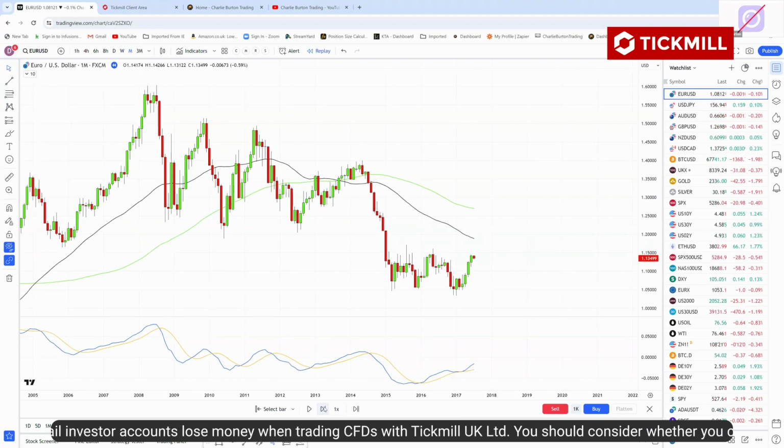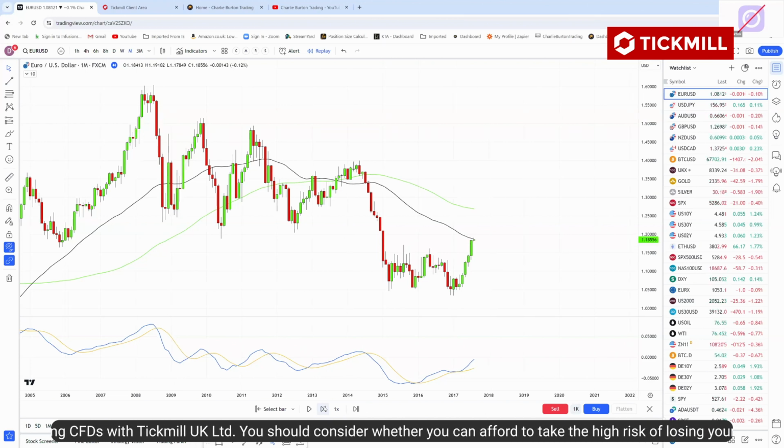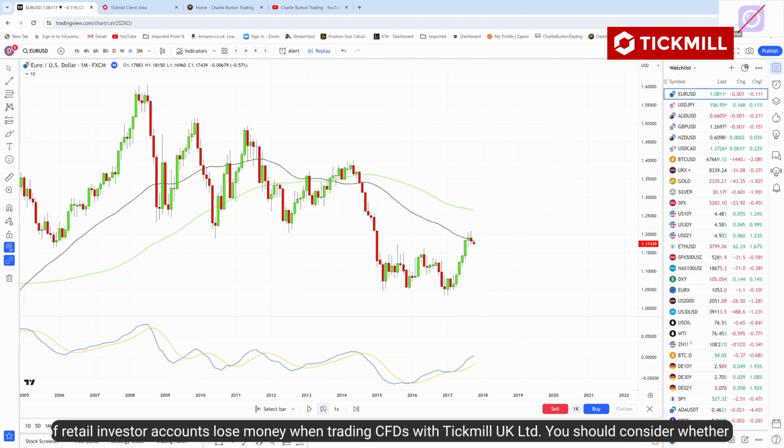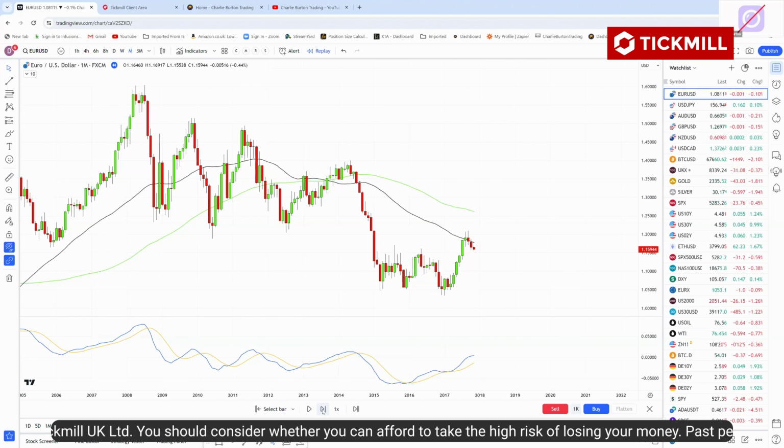At the moment, I'm just talking about the pattern itself. So as price started coming up here, like I've said, I used the moving averages as targets. So it did eventually get all the way up to that 100 moving average up there.